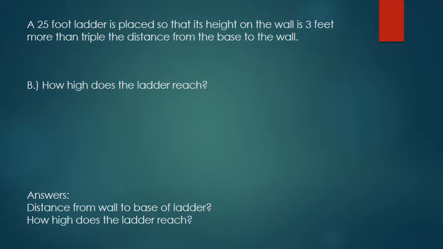Okay, so I know that the distance from the wall to the base of the ladder is 7 feet. That's what I just solved. So now I have how high does the ladder reach. So I'm going to redraw my picture with the information that I now have. And I know that b is 7 feet. I know that my ladder is 25 feet. And I know that a is 3 plus 3b from that original equation.